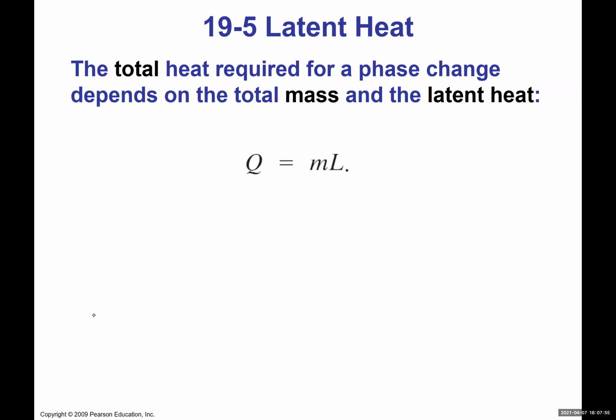All right, so here's an equation for the latent heat. Q equals M times L. And again, there is a plus minus, indicating, so plus basically means this is melting or evaporating.